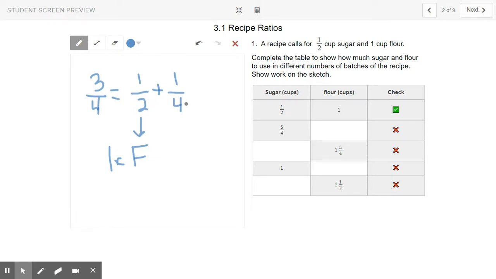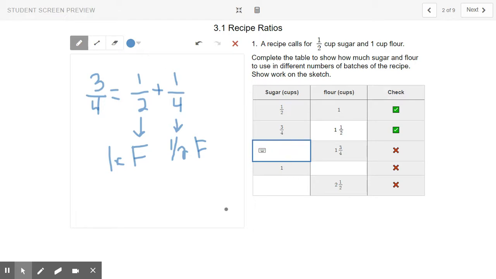So if this is half the amount of sugar, then I'm going to also use half the amount of flour. So I know 1/4 cup of sugar requires 1/2 cup of flour. And so if I was trying to figure out the 3/4 cups of sugar, I know that's going to end up being 1.5 cups of flour. So I could write that in. I could do 1 and then 1/2. And notice it turned green, so I got it correct.